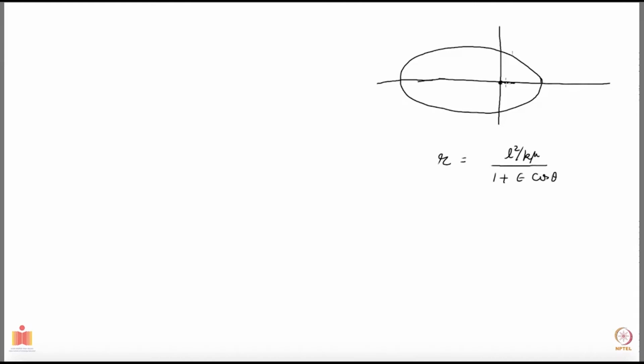So let's say theta is pi by 2. When theta is pi by 2, cos theta is 0, and you are left with the 1 in the denominator, and your r is L square over k mu. Which means this distance from here to here, which I will call rho, is what you get for pi by 2, which means rho is L square over k mu.